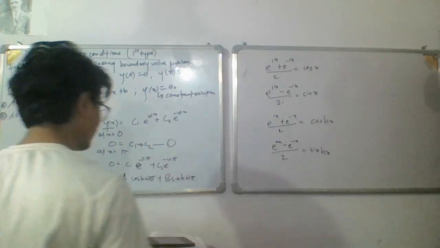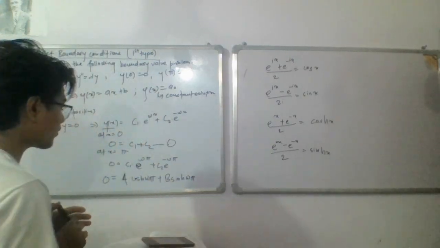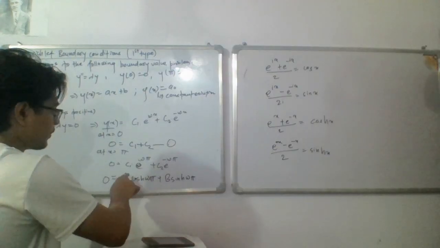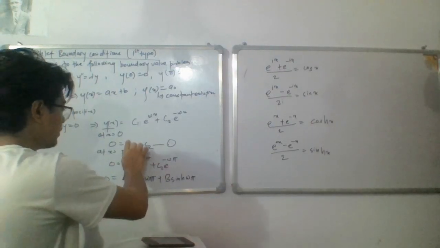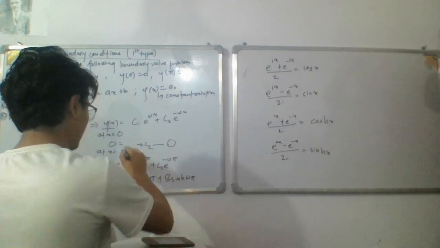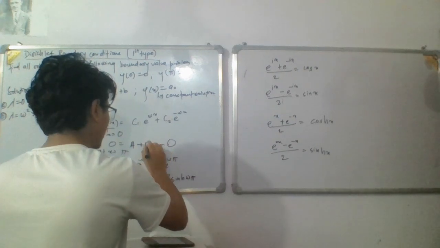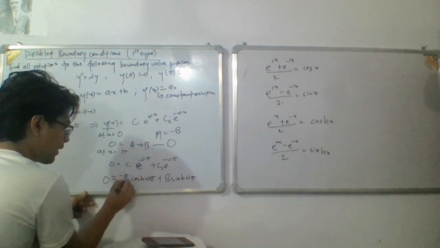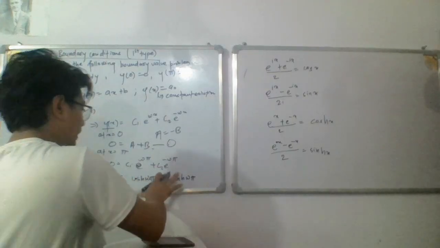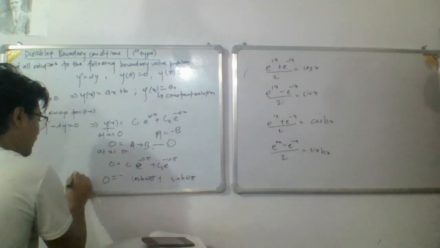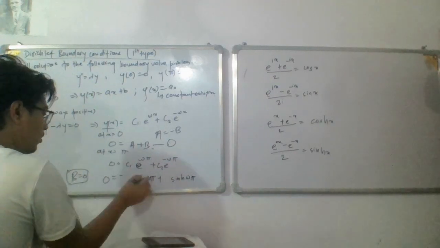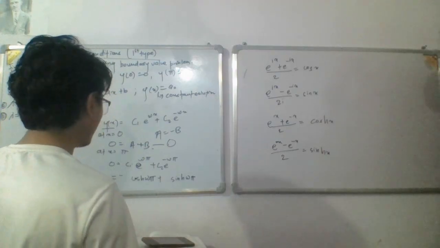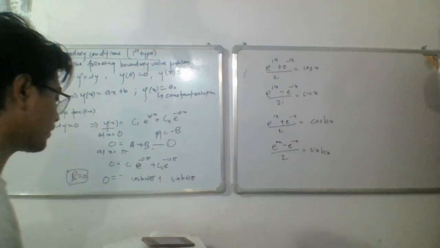Now from here, let's consider these constants to be a and b. We get a equals minus b, and if I put minus b here and take common, I get b equals 0, because this whole thing cannot be 0. It means that we get b equals 0 from here.